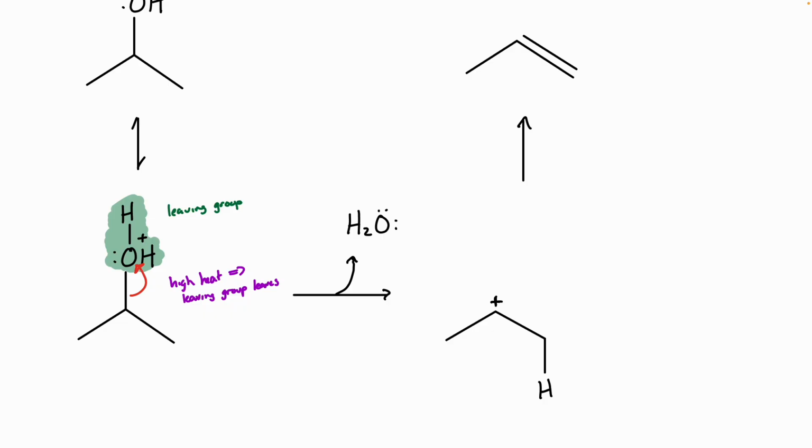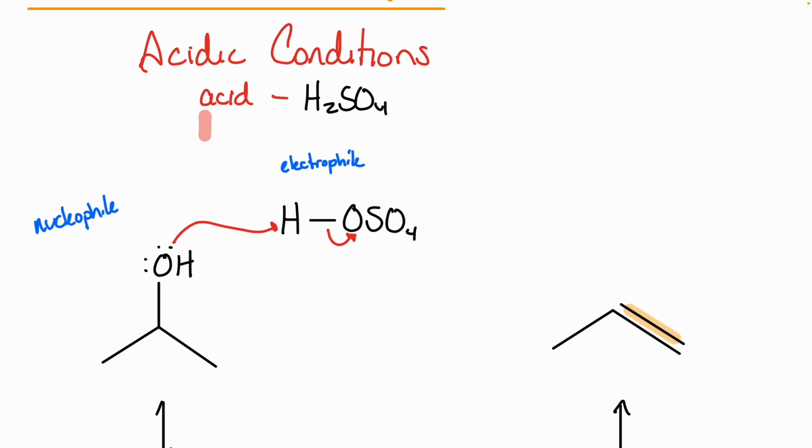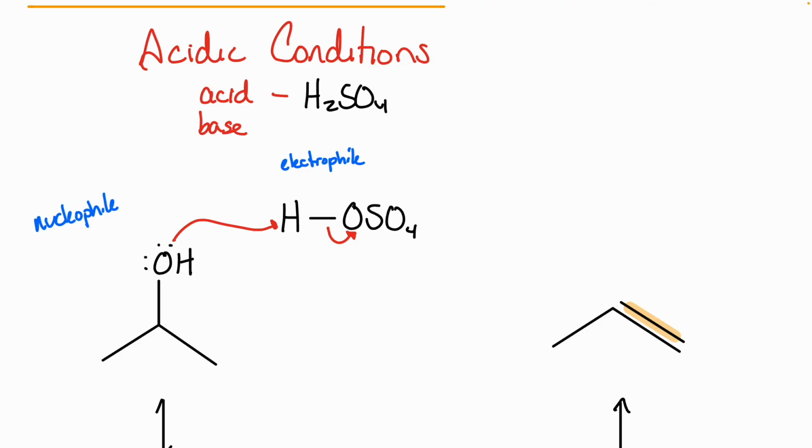All right, where is this pair of electrons going to come from in my carbon-carbon double bond? Where is that in the previous step? That carbon-hydrogen bond. All right, so we need to remove that hydrogen, meaning we need a base. And what base are we going to use under these acidic conditions?